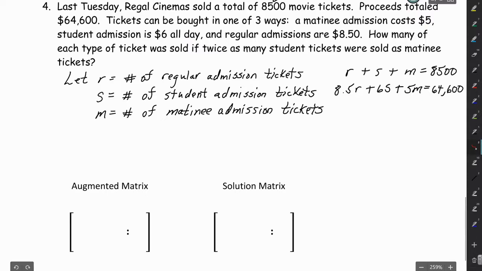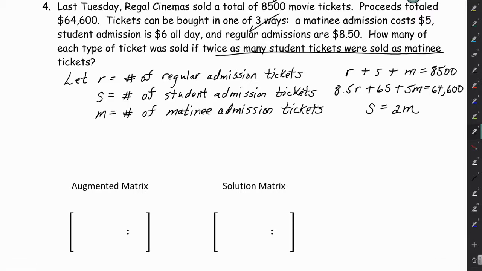All right, so last equation, twice as many student tickets were sold as matinee tickets. All right, this part right here. Twice as many student tickets were sold as matinee. So the student's going to be the bigger number, right? So 2 times matinee gives me student. All right.